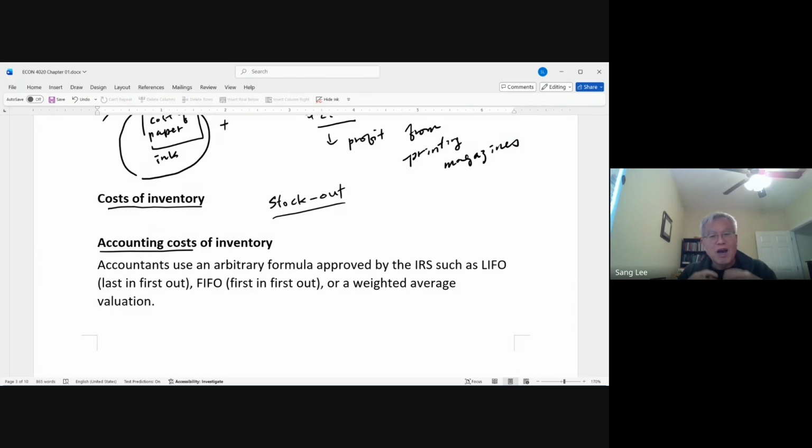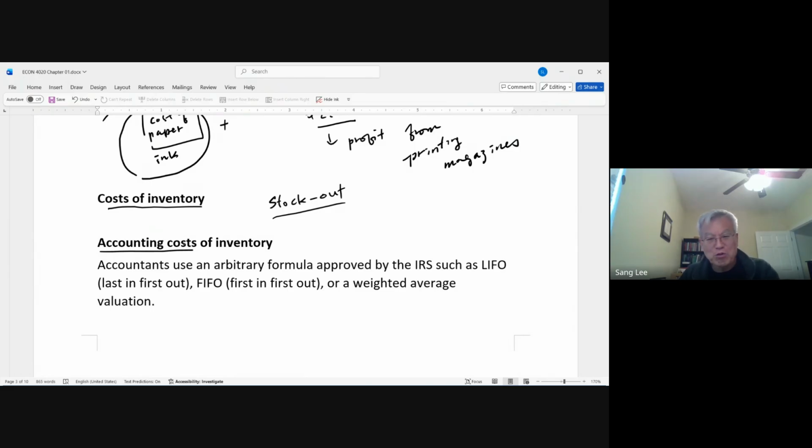These are IRS approved, government approved, man-made formulas. What it means is we just agreed to compute the accounting cost using one of the following approved methods. It doesn't necessarily mean we get a 100% accurate cost of inventory.